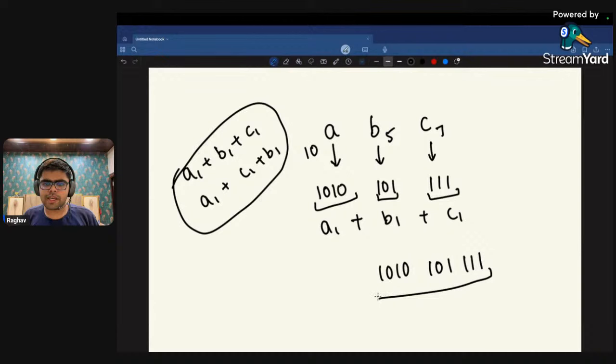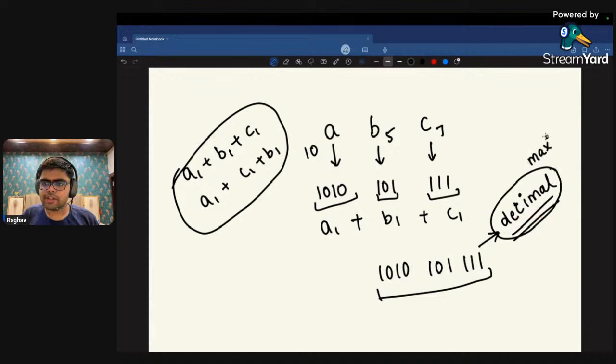This will be its binary representation, and then we will convert this to the decimal form, and whatever decimal we get, we want this to be maximized as much as possible. So out of all the six combinations we will have, what will be the six combinations? These are two of them.